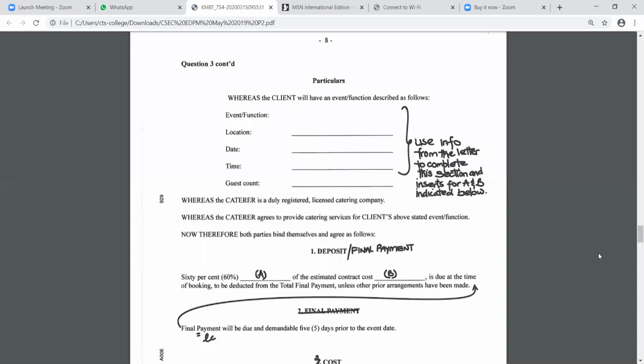What is the name of the event or function? You'll have to go back up to the first question to get the answers for this. So we have to go back to the letter to get the answer. What's the name of the event or function?